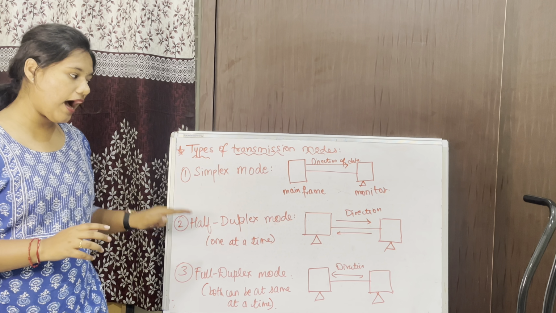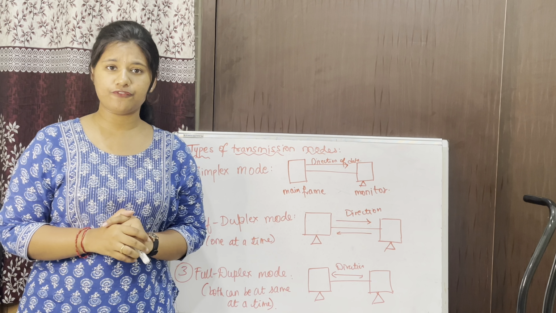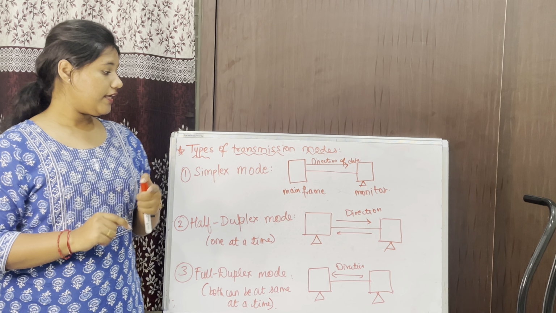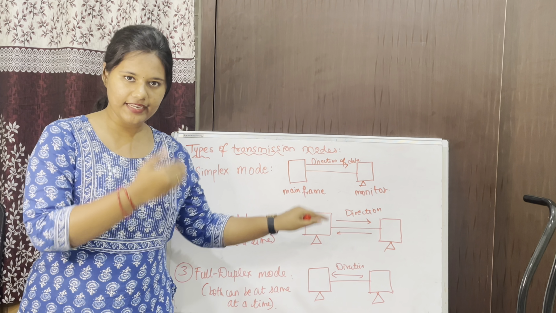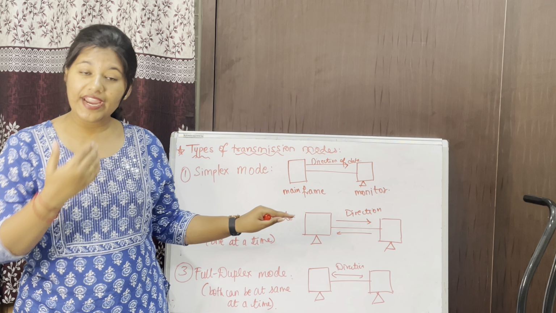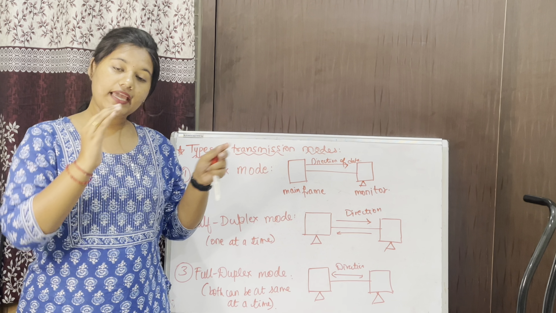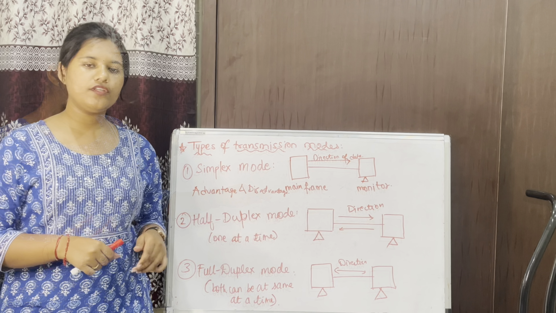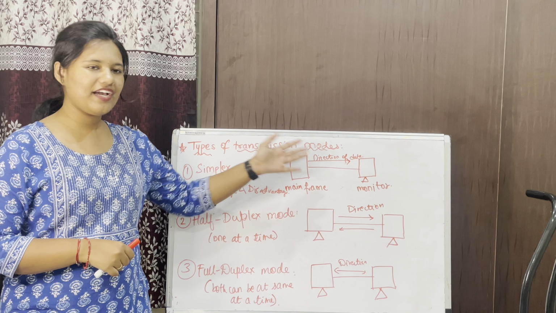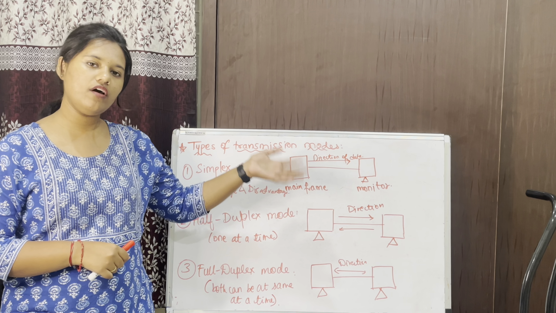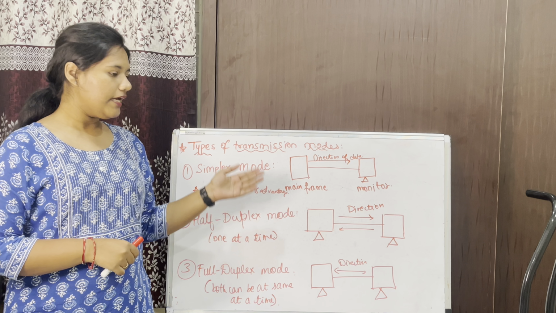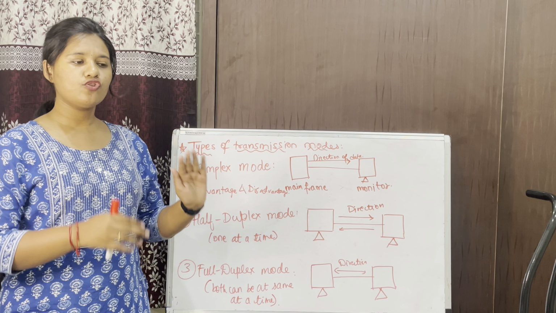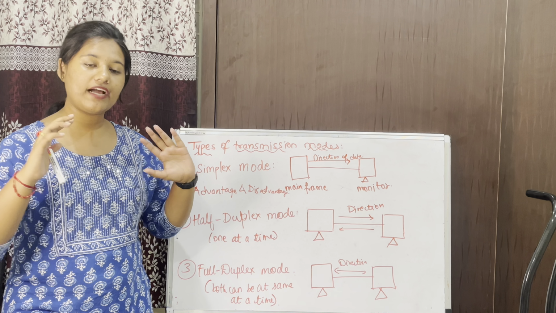Now, going to the half-duplex mode. In this half-duplex mode, the two devices can communicate with each other. But here, if the sender is sending the data, the receiver end has to wait for the sender and then reciprocate or transmit its data back. But as we know, in simplex mode, only one device can transmit the data, either it can receive or send. The advantage of this is, as only one thing is happening here, the device uses its maximum bandwidth.